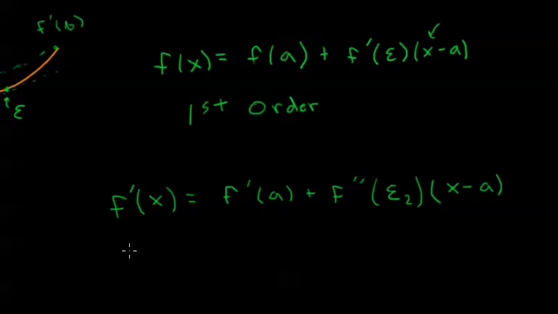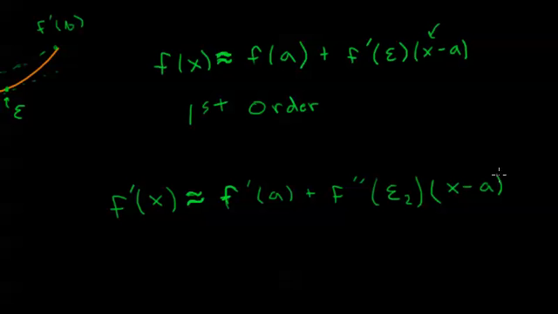See, now I have an approximate form for f prime of x, and this should have been a squiggly equals, since I'm making an approximation. This isn't the real shape of the function, but this is my approximation, and this is also a squiggly equals, saying that this is an approximation.